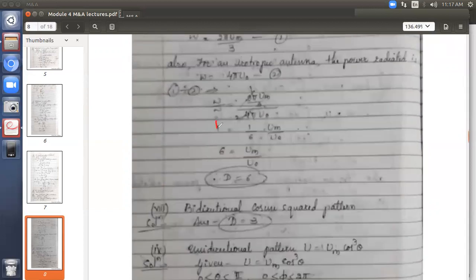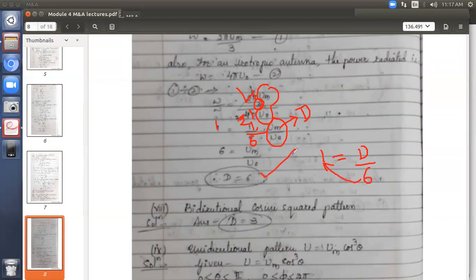Taking the ratio, pi's will cancel, 2 ones are, 2 twos are, and here it is denominator 3, denominator 2, 2 threes are 6. So 1 by 6 into Um by U naught. So what is Um by U naught? It is D. So D by 6, 1 is equal to D by 6. So take 6 to the other side, you will get D equals 6.